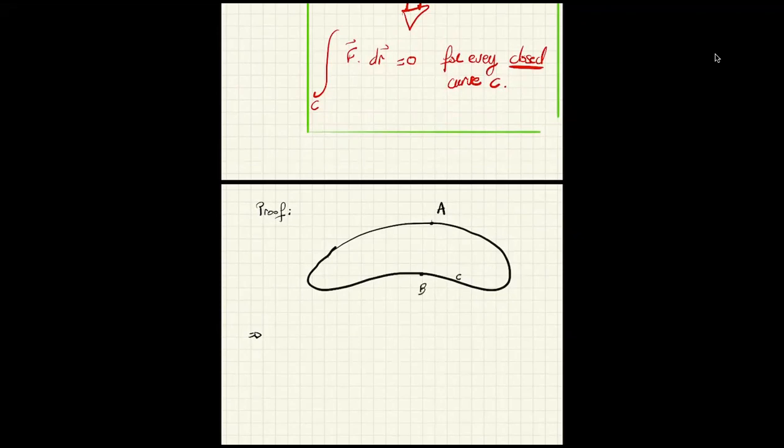We'll go this direction, over here, AB, and then we'll go, this is the curve C. So the integral, we'll call this one C1, and then from B. So we call this B.